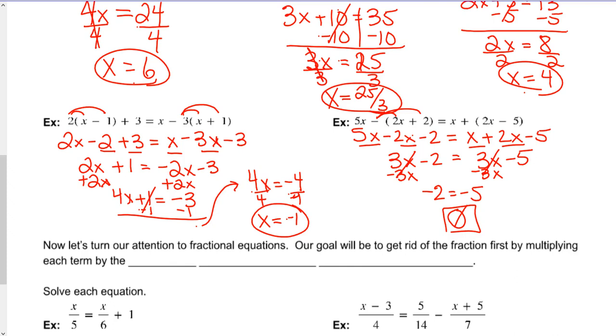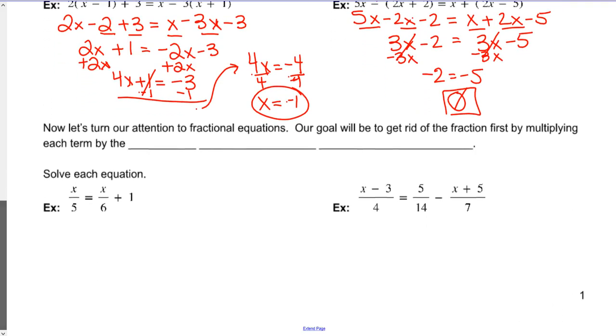Now, let's turn our attention from these linear equations into some rational equations, okay? Rational equations are like these guys that are down here with these fractions. And so, if I want to go into those, the first thing I want to do is get rid of those fractions.